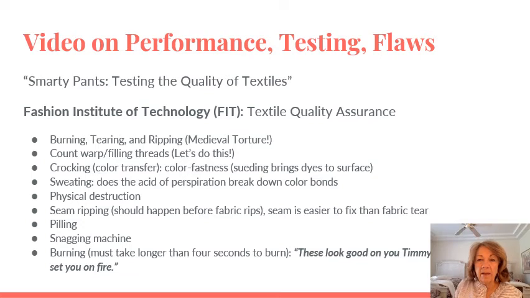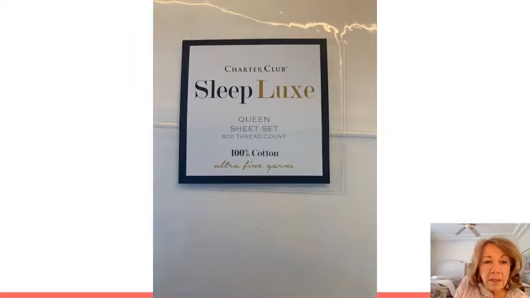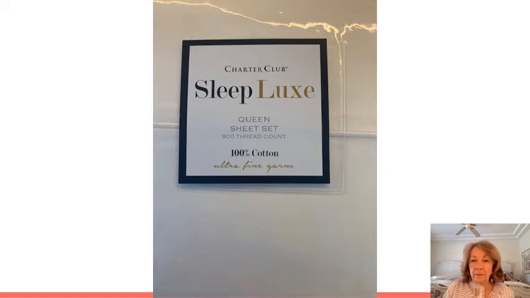I'm actually going to use my magnifying glass to look at it. That's an 800 thread count, right? And so what does that actually mean? I have sheets that are 800 thread count and sheets that are 1200 thread count.